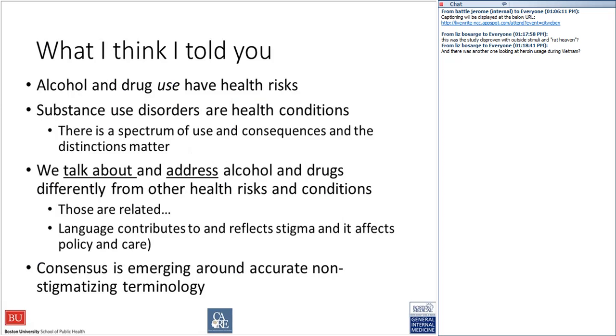And there is this spectrum of use and consequences, and these distinctions matter. We talk about and address alcohol and drugs differently from other health risks and conditions, and we shouldn't do that, because how we address them is related to how we talk about them. Language contributes to and reflects stigma, and it affects policy and care. There really is consensus emerging now around accurate and non-stigmatizing terminology.